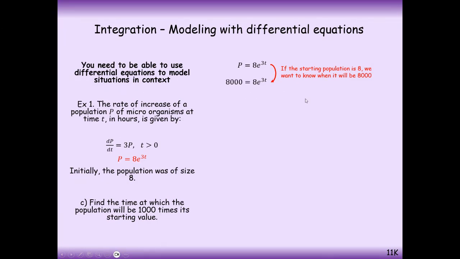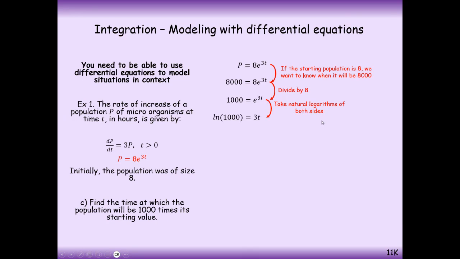We'll start by dividing by 8. We'll have 1000 equals the exponential of 3t. We are going to take the logarithms of both sides.